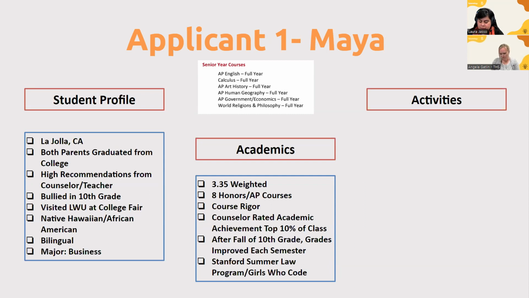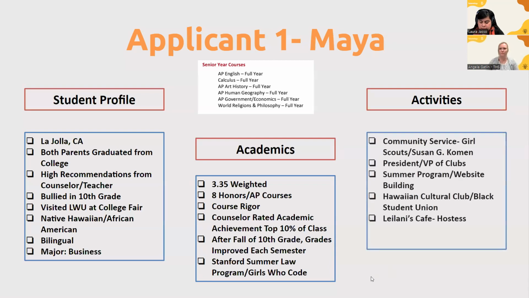In terms of her activities, she was a part of Girls Who Code and participated in Stanford's summer law program, and has a variety of different activities, such as participating in a Race for a Cure, the Susan Komen Walk. She also holds a part-time job as a hostess.